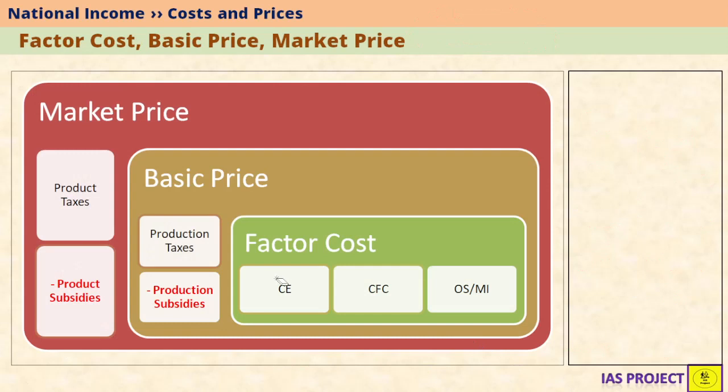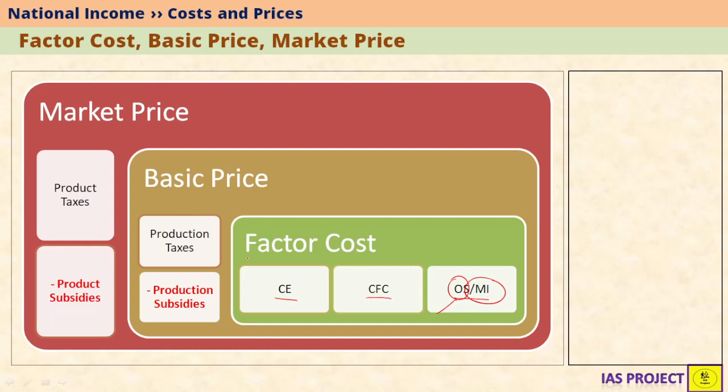So let's look at factor cost, basic price and market price once again. First we will see factor cost. Factor cost is nothing but compensation to employees, consumption of fixed capital and operating surplus or mixed income. We call this operating surplus in case of incorporated enterprises. We call it mixed income in case of unincorporated enterprises.